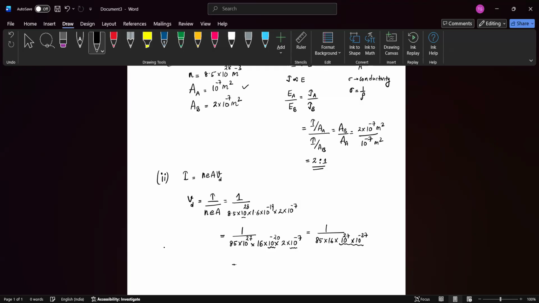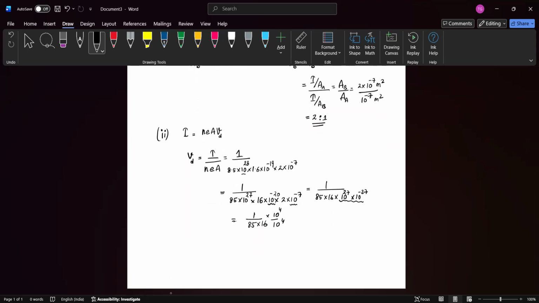So finally, we have 1 by 85 into 16. If you multiply numerator and denominator with 10 power 4, we can make the calculation a bit simpler, because otherwise the division becomes a bit difficult here.